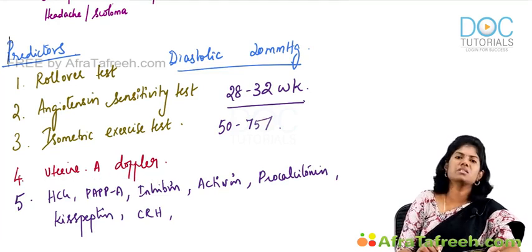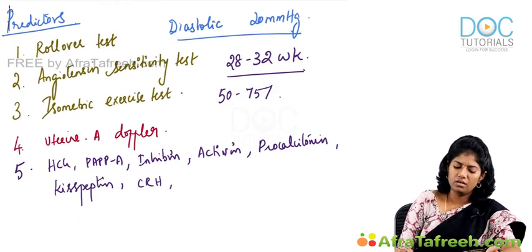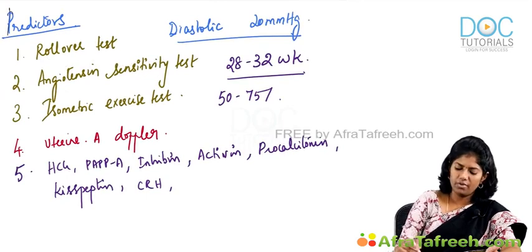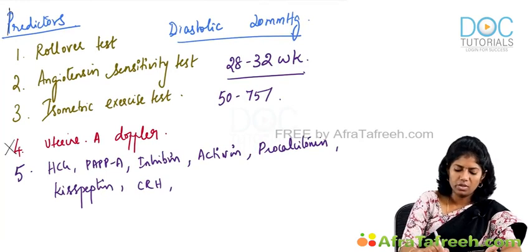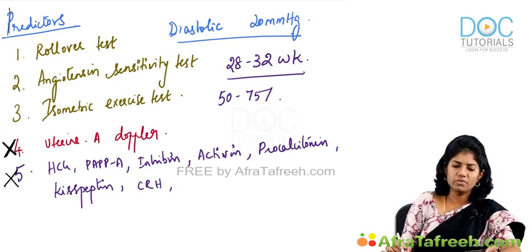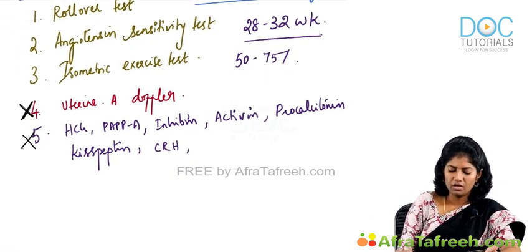These are substances which are studied for prediction of preeclampsia and were found not useful. So, uterine artery Doppler is only a predictor of IUGR and not preeclampsia. Similarly, these substances were studied and they were not found useful for the prediction of preeclampsia.